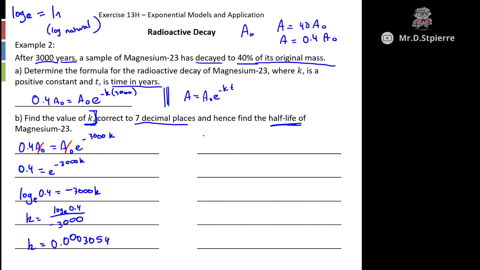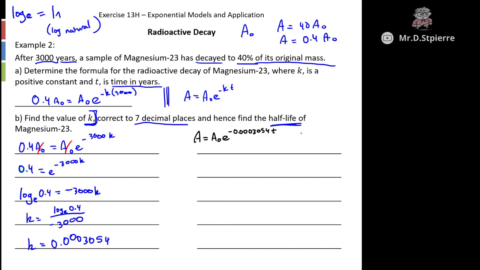Okay, so what do we have now? Well, if we think of our general form, we've got A is equal to A naught e to the negative 0.000305 t. That's a general equation for magnesium 23. We found our K, which is our decay constant. How can we use our decay constant to find our half-life?